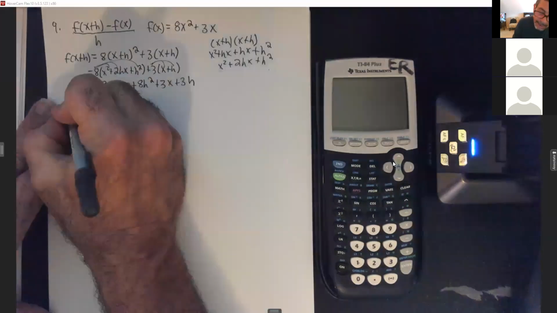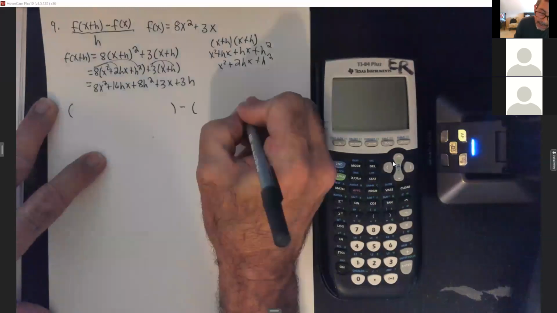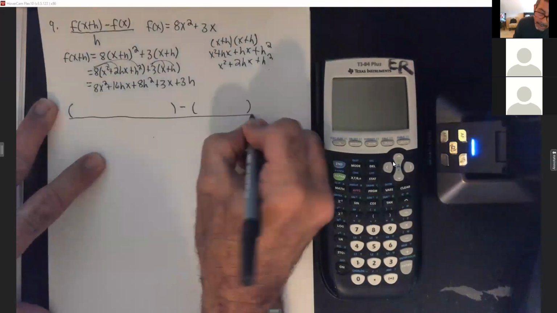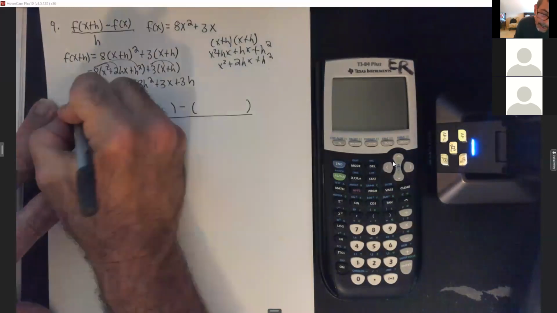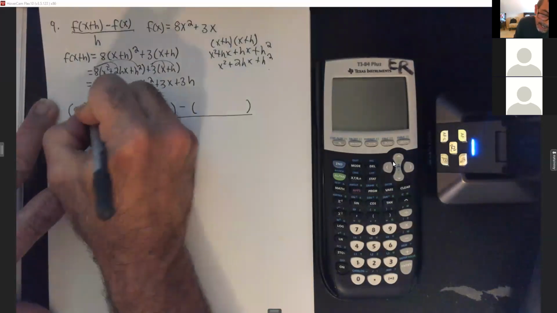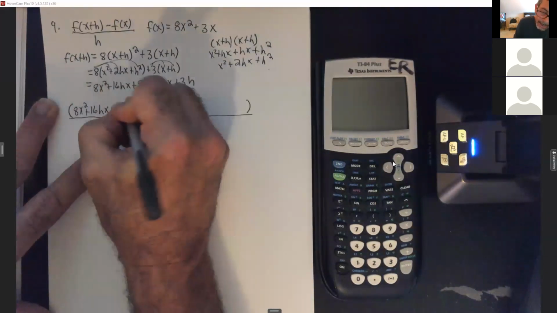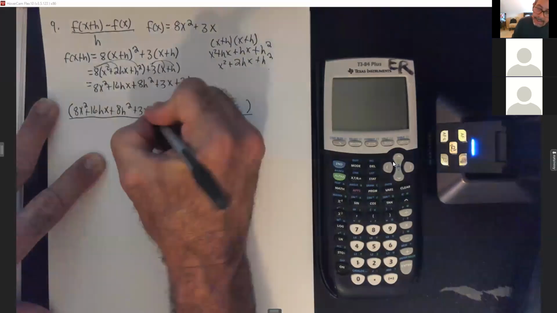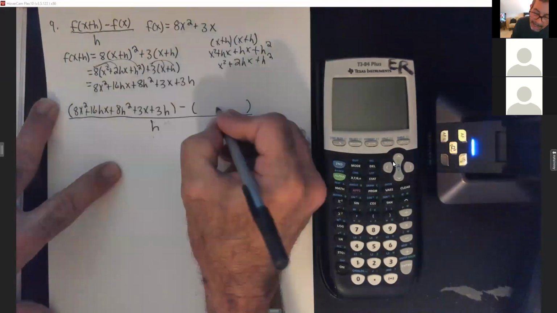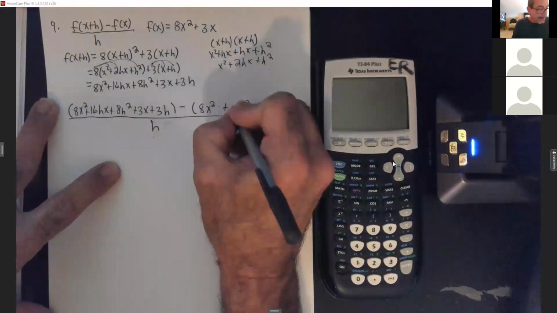F of x plus h minus the f of x and put that all over h. All right, so I'm going to put in the 8x squared plus 16hx plus 8h squared plus 3x plus 3h. F of x was 8x squared plus 3x.